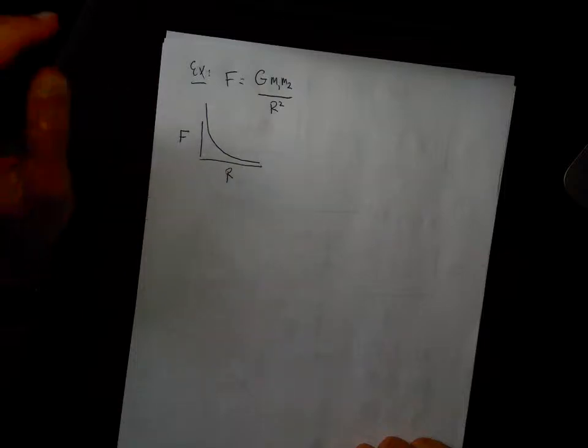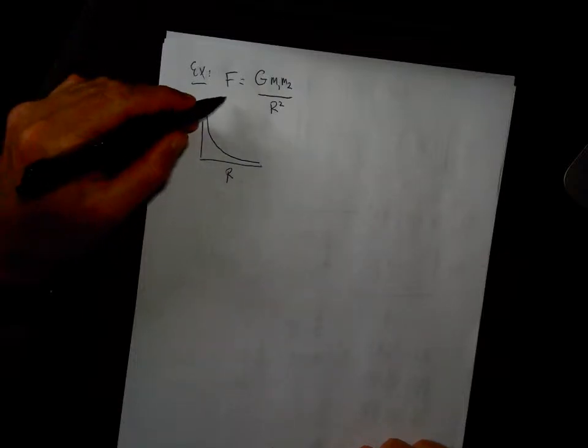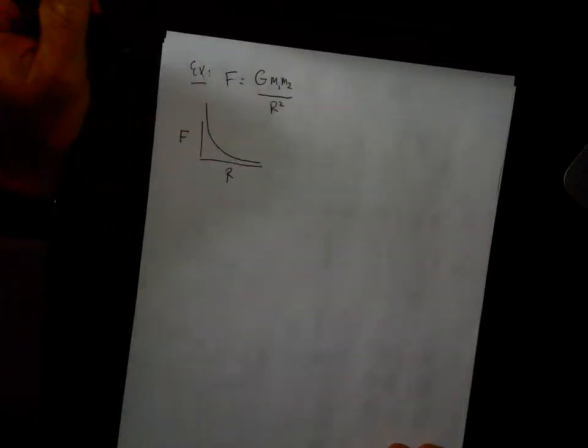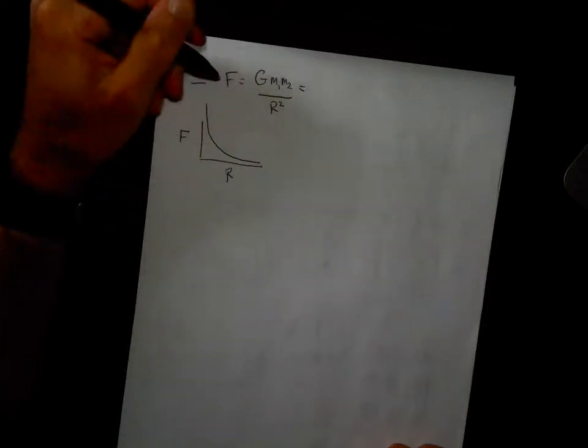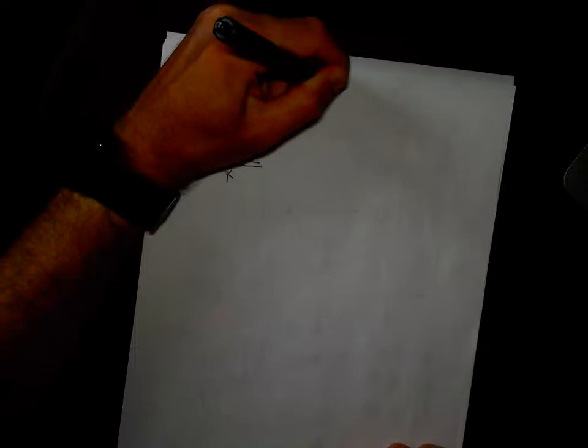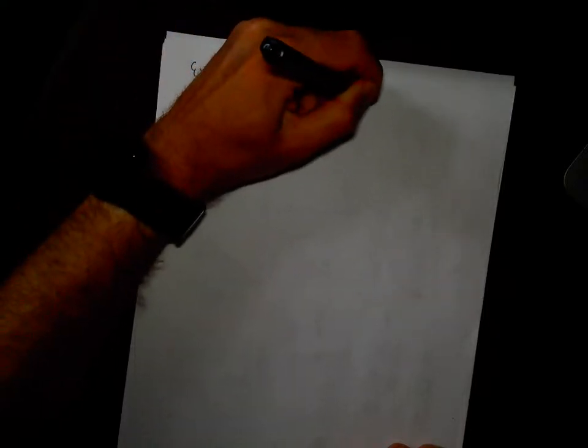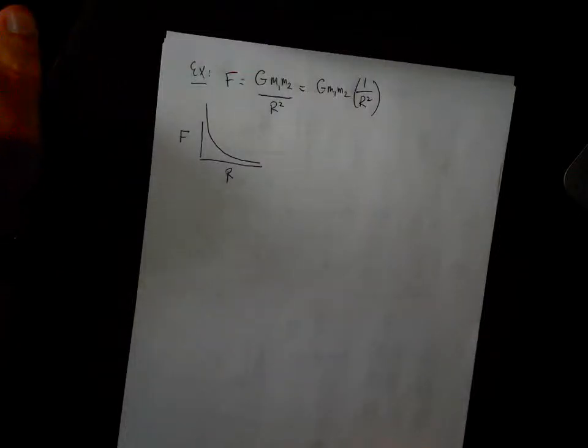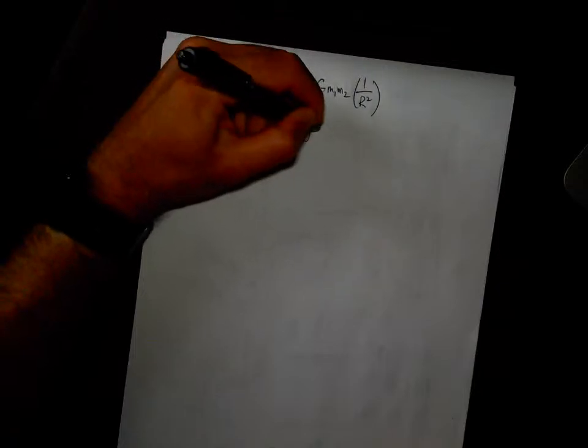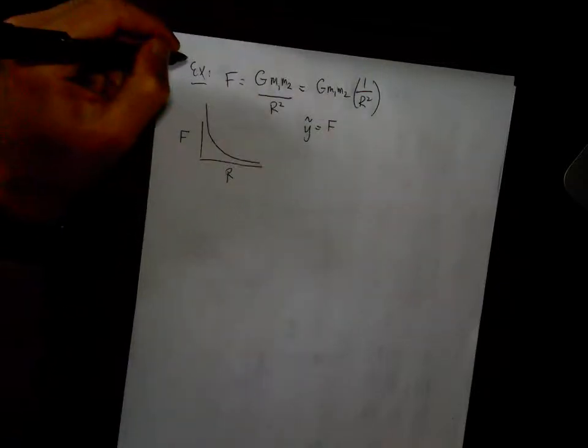So how could we take this and turn it into a line? All right. And here's the key. I'm going to write the gravitational force law as G m1 m2 times 1/r². All right. So what if I let y squiggle equal force?